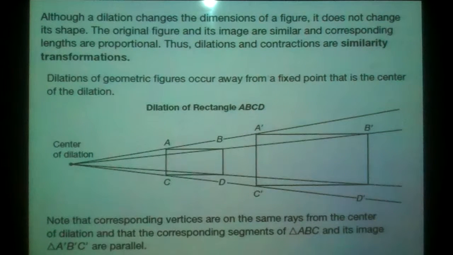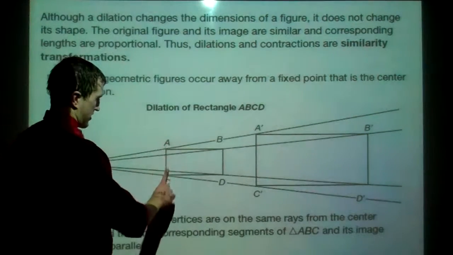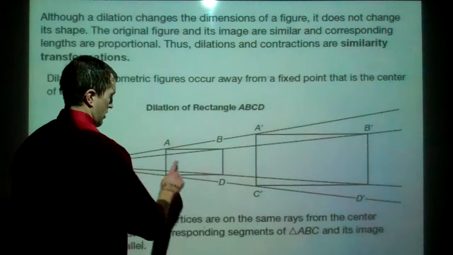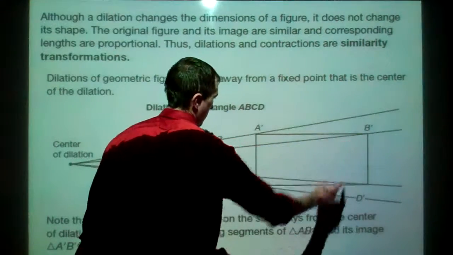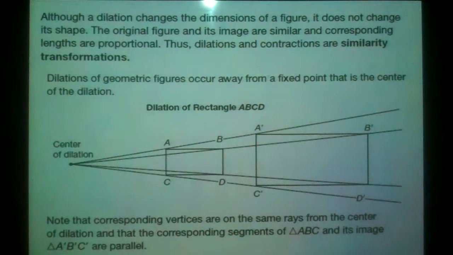They would be proportional or similar. Same shape, different size. And it says to note that corresponding vertices are on the same rays from the center of dilation, and that the corresponding segments of the triangle ABC and its image are parallel. So they're just saying that this segment is parallel to this one is parallel to this one, and so forth.